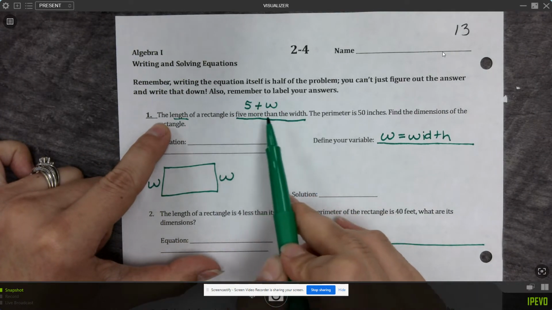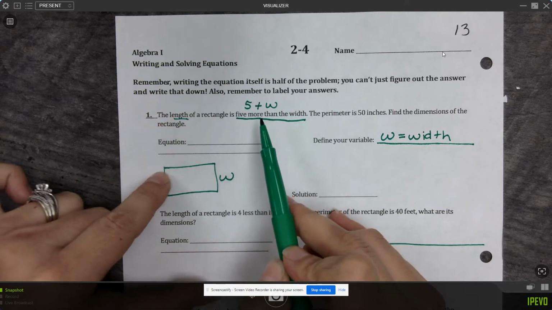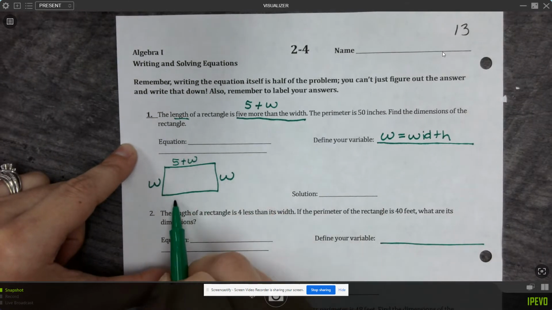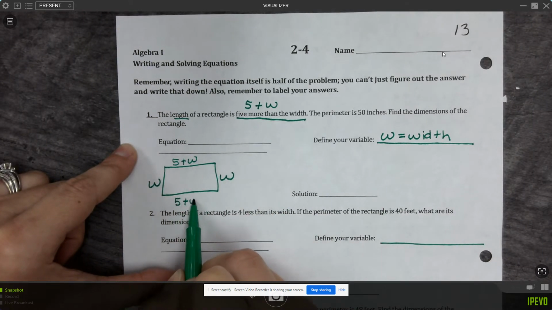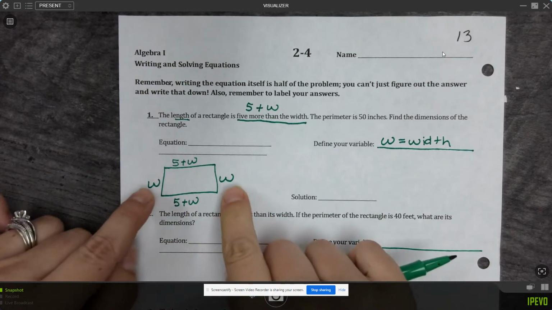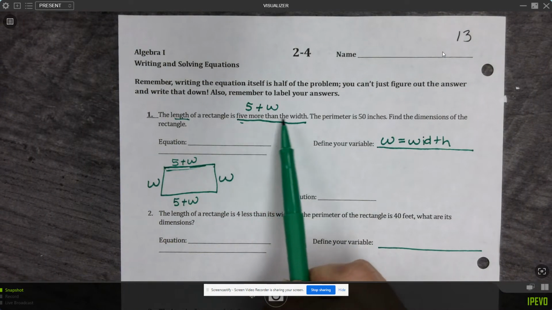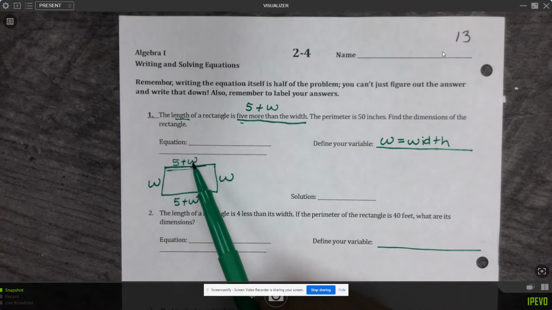So this little expression I created here is my length. So 5 plus W, which is then also on the bottom. So these are my widths. It doesn't tell me anything about the width, so I just put W for width. But the length, it tells me is 5 more than the width. So 5 more than the width.